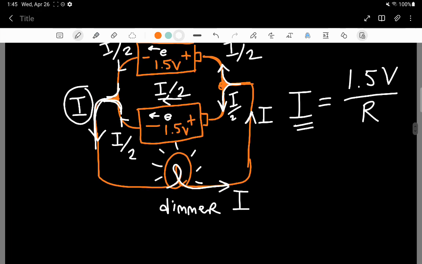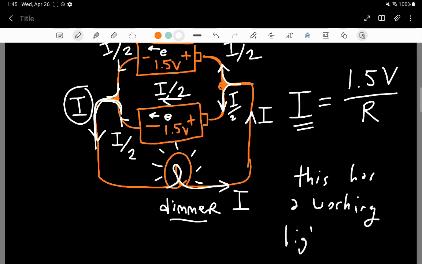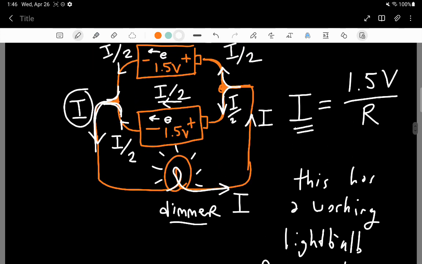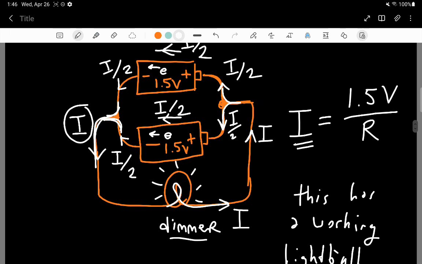The advantage of this is even though your light bulb is dimmer, this has a working light bulb for a long time. And it's because the batteries aren't being used as quickly.